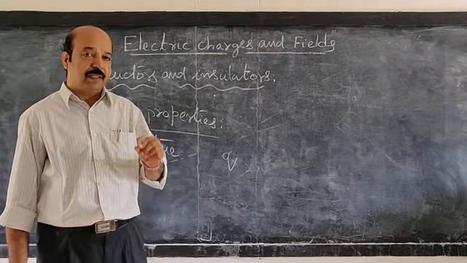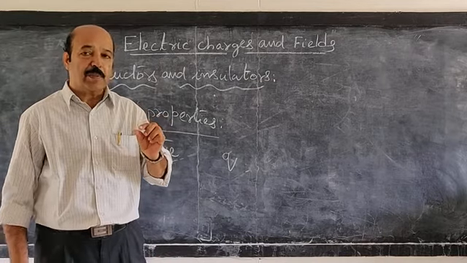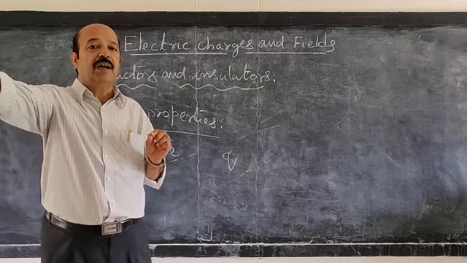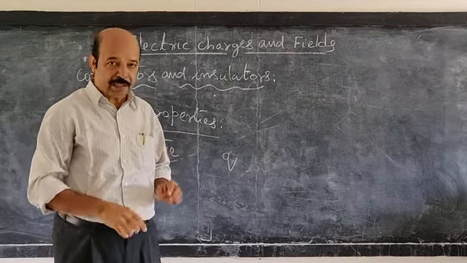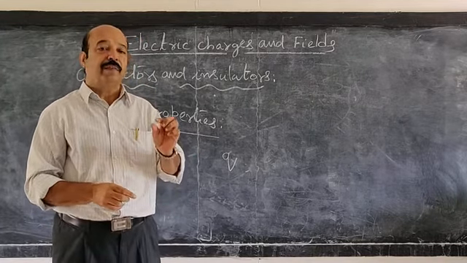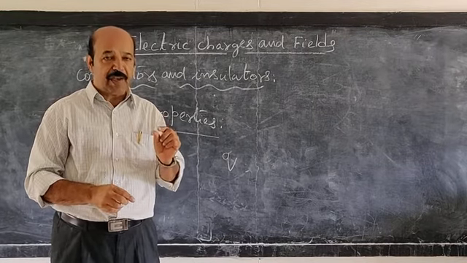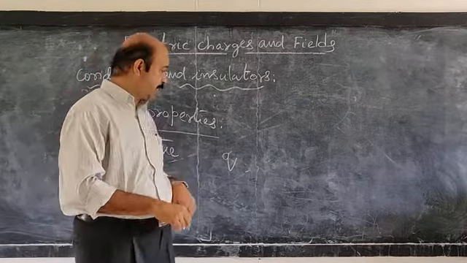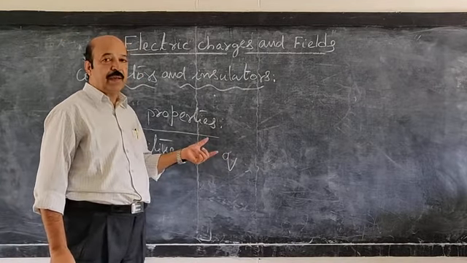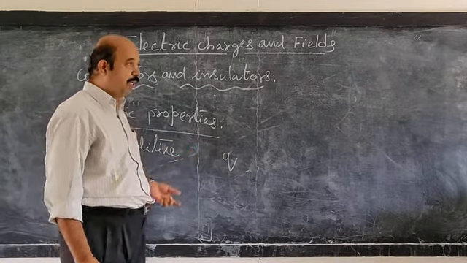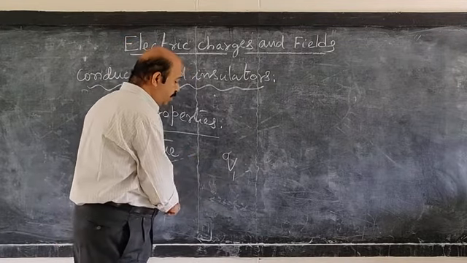So here the body, however big or small, depending upon the distance under consideration, we consider that body to be a point charge if it is very small in size when compared to the distances. So let us suppose such charges on bodies which we call point charges. One is some positive charge, plus Q1.